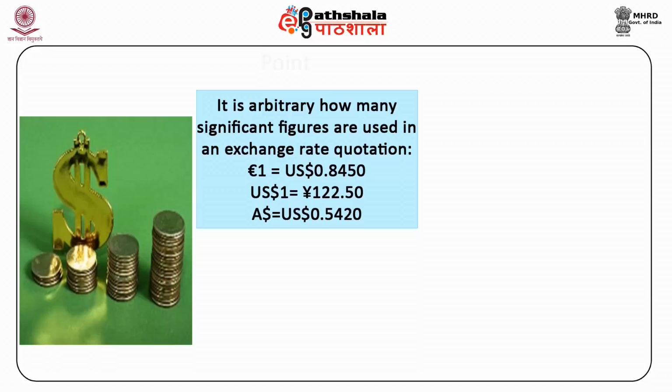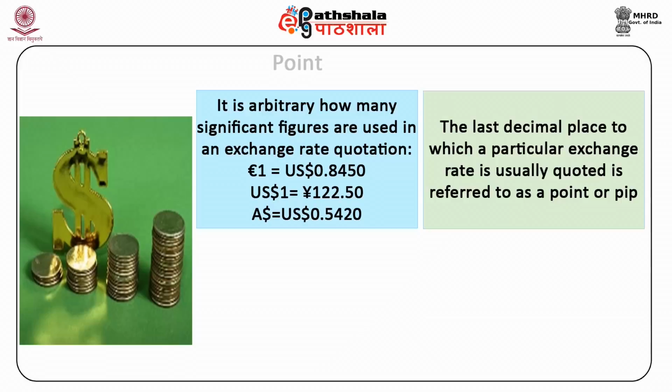Fourth one is point. It is arbitrary how many significant figures are used in an exchange rate quotation. 1 euro is equal to 0.8450 US dollar, and 1 US dollar is equal to 122.50 yen. 1 Australian dollar is equal to 0.5420 US dollar.